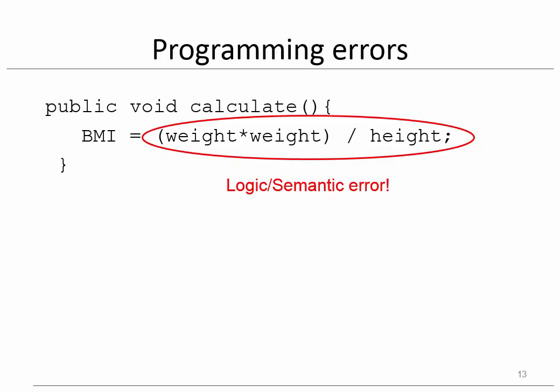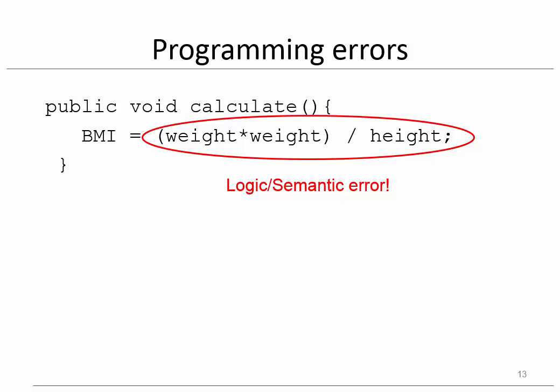Finally, we have a logic or semantic error. Again, we have the calculate method, but now the BMI is calculated as the weight times weight divided by the height. Obviously, the computer will not generate any errors here. It will just calculate an incorrect value for the BMI because the correct formula for the BMI is the weight divided by the height squared.